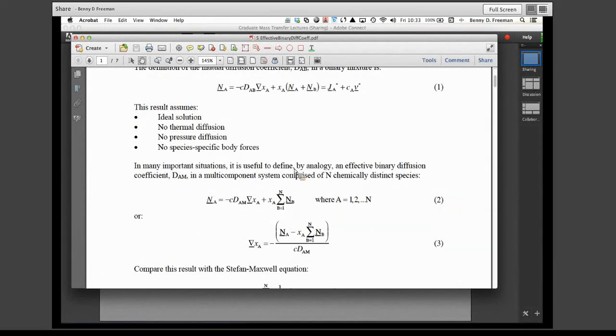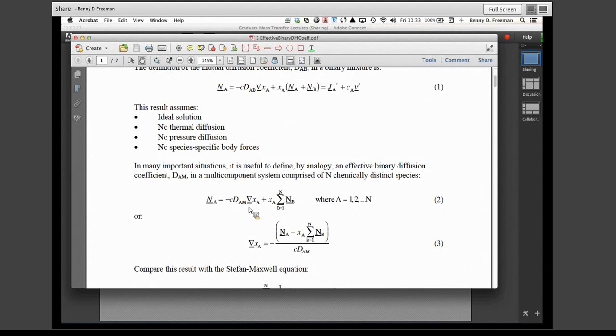Now this expression reduces to the one above in the case where there's only two components, but in principle one could have many components. And we will use this as the defining expression for these effective binary diffusion coefficients.